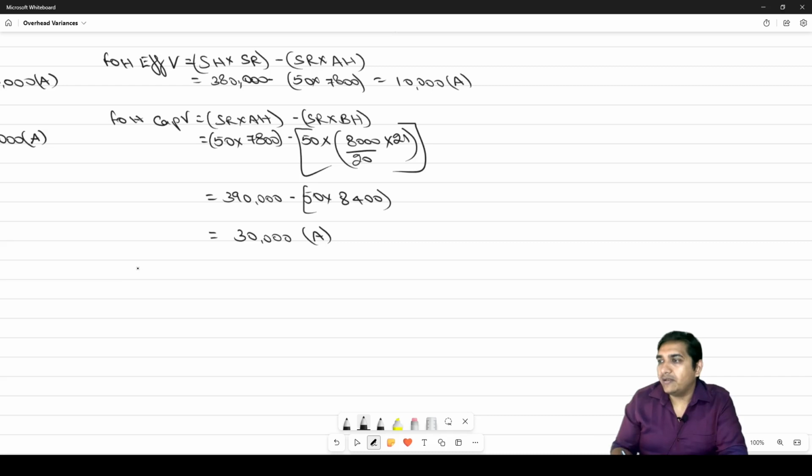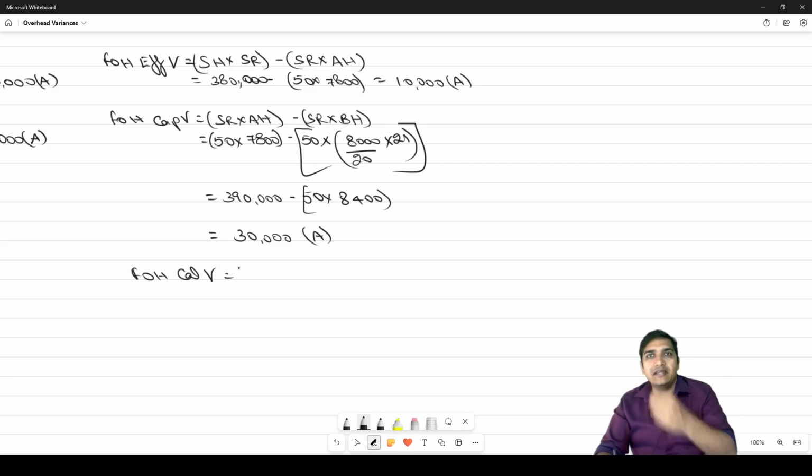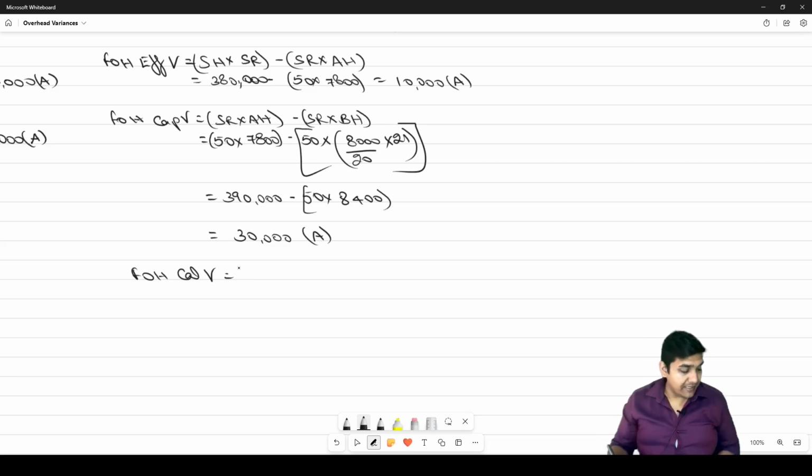we have to calculate fixed overhead calendar variance. What is fixed overhead calendar variance?